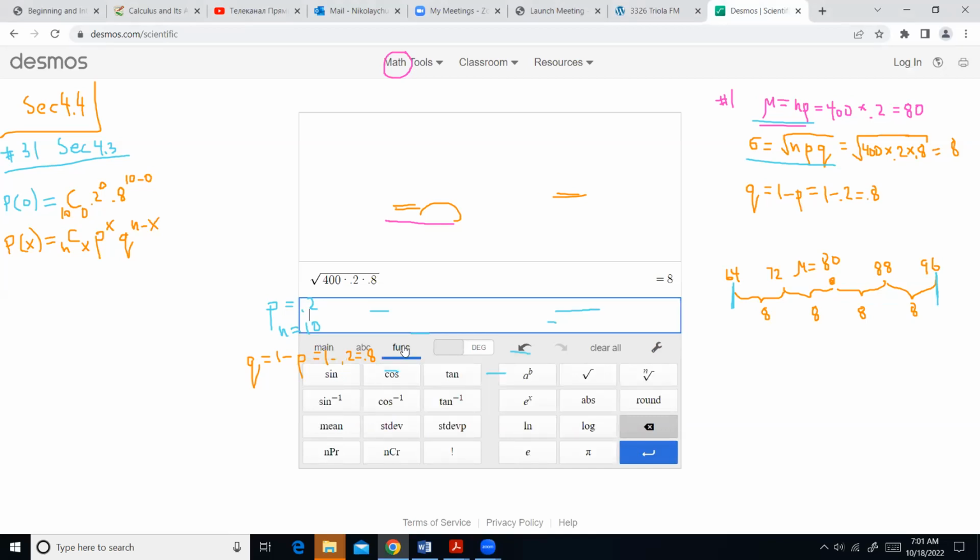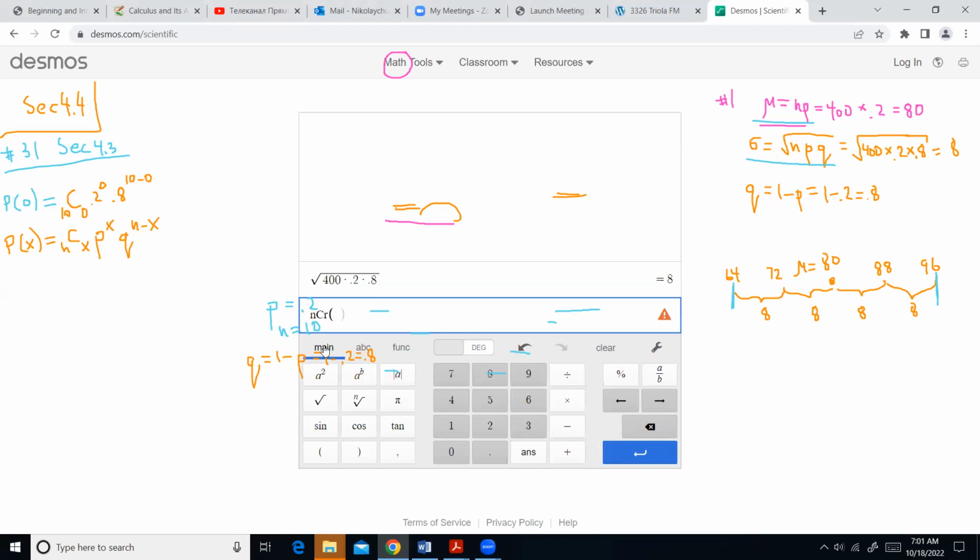So I hope you already remember that to get combinations, I need to go to functions, the lower row here. And now I return back to main where all the numbers are. So we go 10, comma 0 in the parentheses. And then we times this by 0.2 raised to the power of 0.